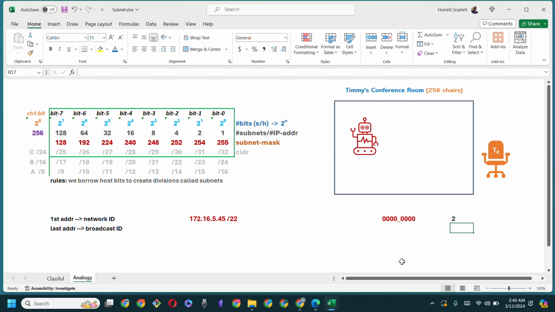This is session 13, and we want to have a look at how we go about subnetting a Class B IP address. We have expanded our table to include the Class B IP addresses.